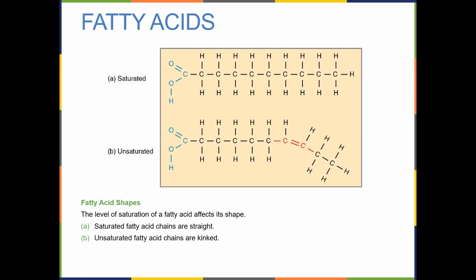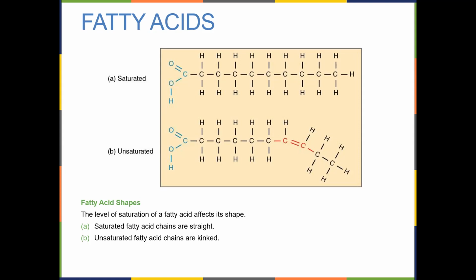Now, the other type of fat, of triglyceride, is made of unsaturated fats. Now, there's a term you've probably heard of also. Unsaturated fats are different. They don't have all their spaces filled up with hydrogens.